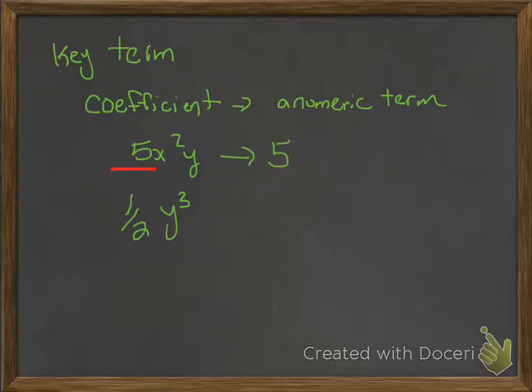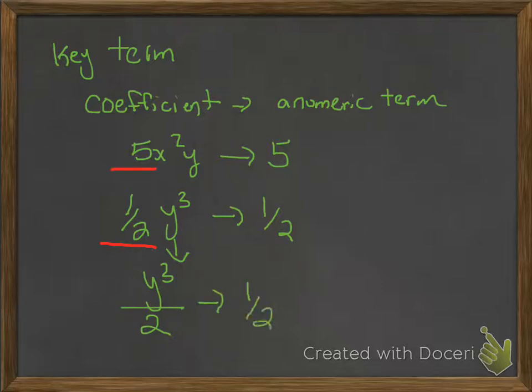And sometimes I can have a coefficient of a fraction. So my coefficient here is 1/2. It could also be written as y cubed over 2. And this still is a coefficient of 1/2. All I did was 1/2 times y cubed over 1.